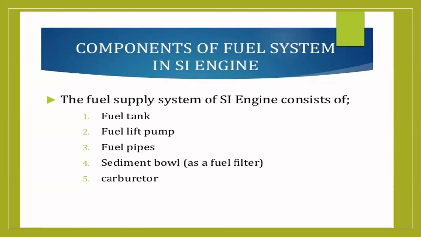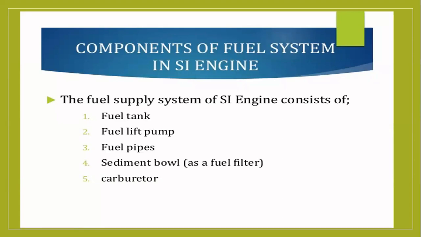CI, compression ignition, that's called diesel engine. SI, spark ignition, petrol engine. Diesel engine, petrol engine. When you write in mechanical technical terms, spark ignition and compression ignition. Surely I will ask you the question in your mid examination.